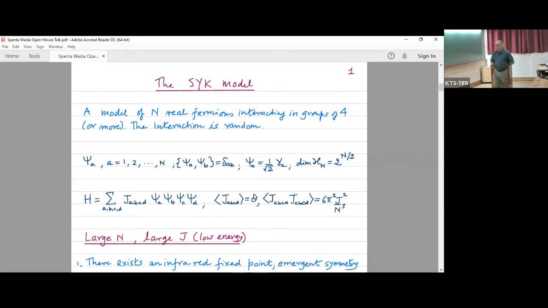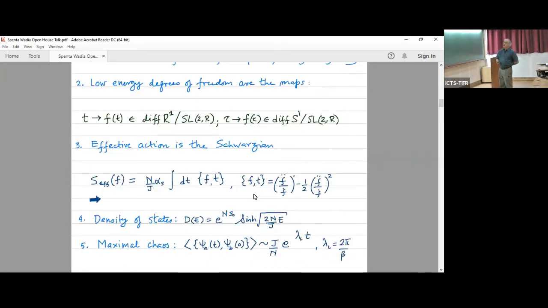This is a very important point. And the low energy degrees of freedom in this model are just these maps from the real line or the circle into a space of functions, which is the set which we usually call Diff(S^1)/SL(2,R). You've got to quotient out SL(2,R). I won't be explaining any of these reasons, obviously, in a 15-minute talk.